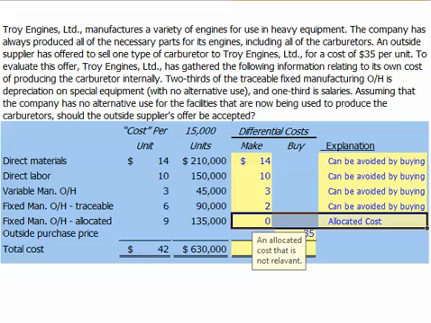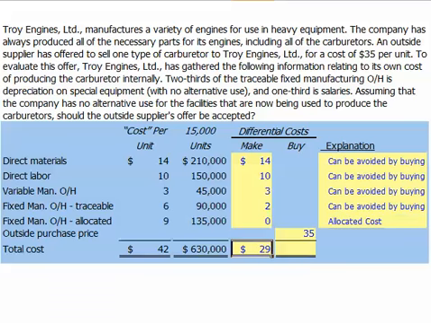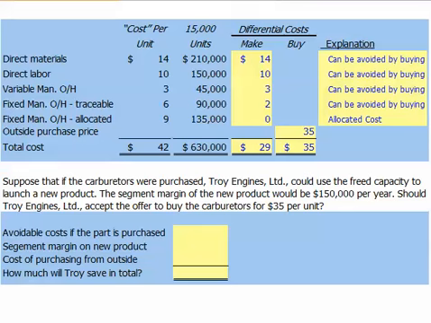We will incur it whether we produce the product or not, so it's not relevant for our decision. Our total differential cost of making the product then is $29 per unit. And when we compare this with a $35 per unit purchase price, we should continue to make the product.